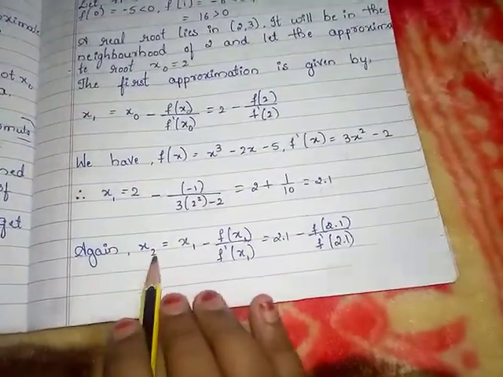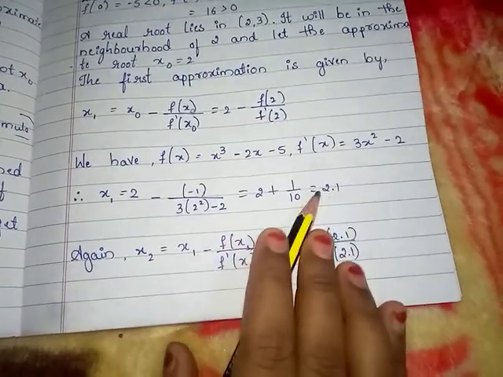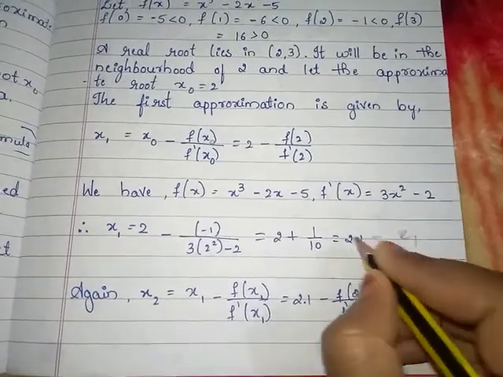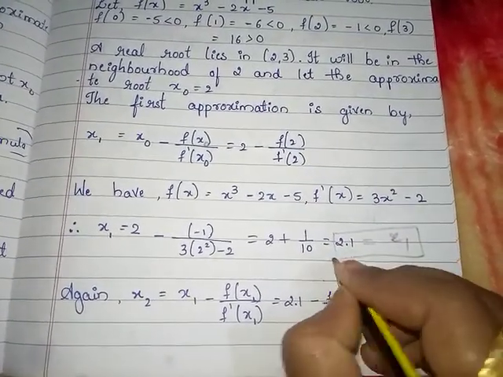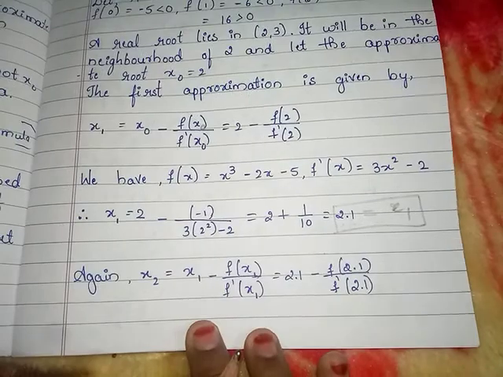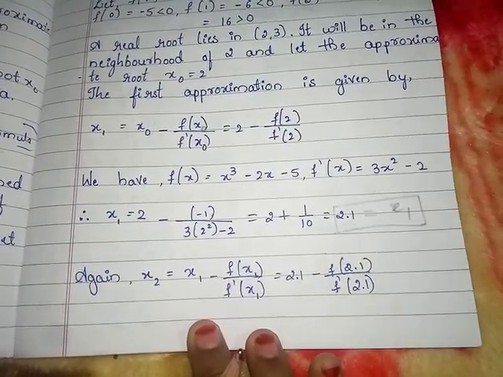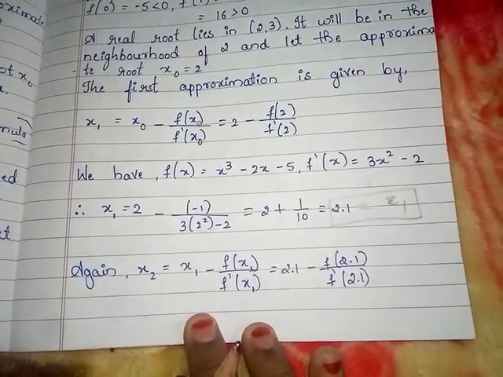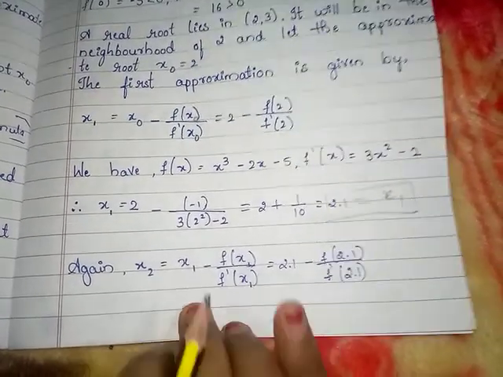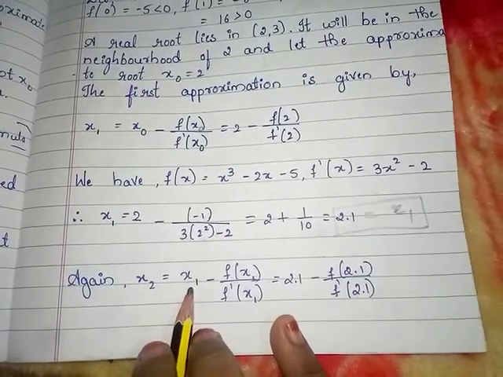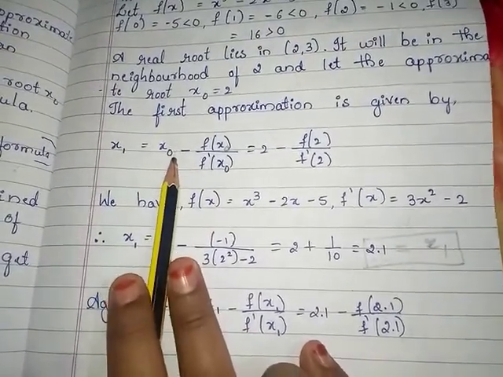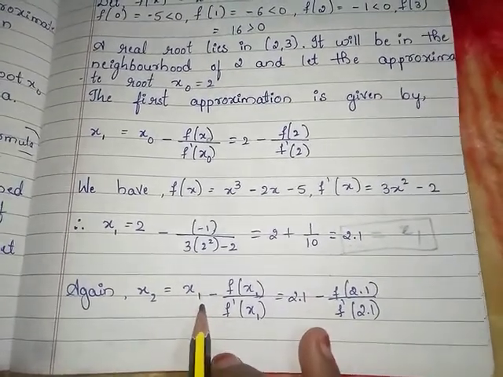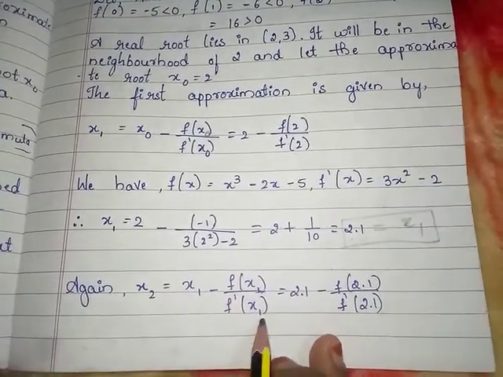Next, go to the second approximation. This is the value of x1, and according to the process, to find the second approximation, just replace x naught by x1. In the first approximation it is x naught, in the second approximation it is x1. x2 is equal to x1 minus f of x1 divided by f dash of x1.